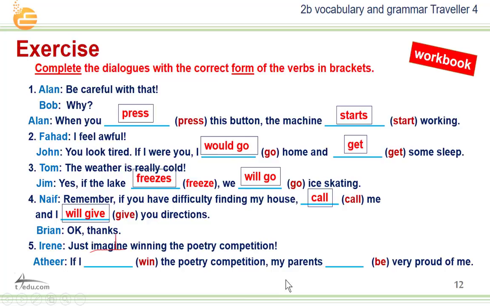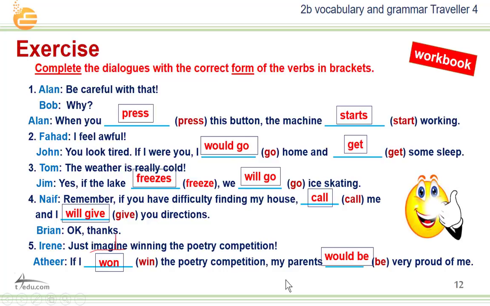If it is imaginary, we use the past form of the verb. The past of win is won. If I won the poetry competition, my parents what would be? My parents would be very proud of me. Good answers.